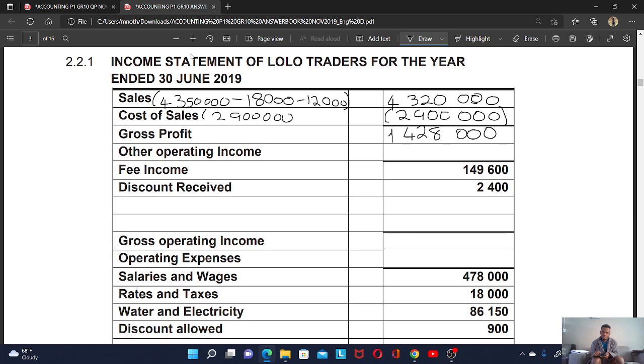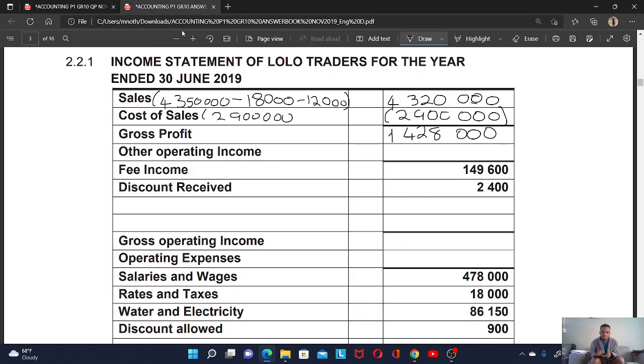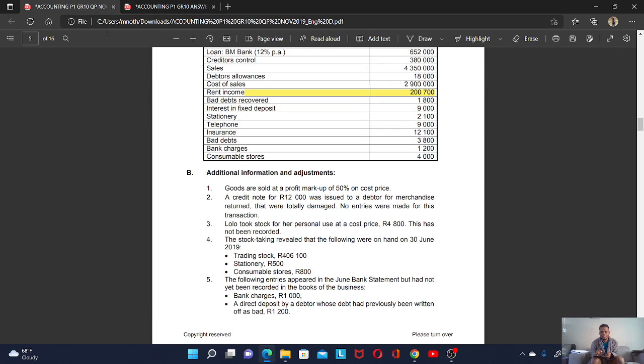Okay, so we are given this. Let's go and find other incomes. So the income that we have here is the rent income, 200,700. Let's go and check if there's an adjustment that is talking about the rent income.